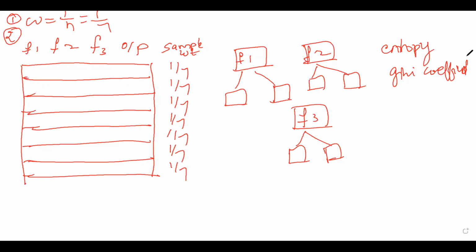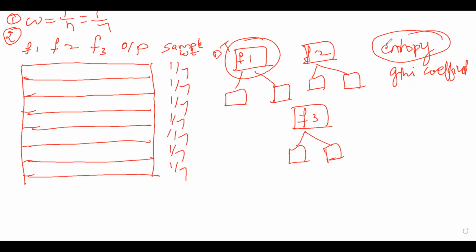If the entropy is less for F1, this particular stump, then we are going to select this tree as the first sequential base learner model. So this is the first decision tree model. Why? Because F1 has lower entropy.